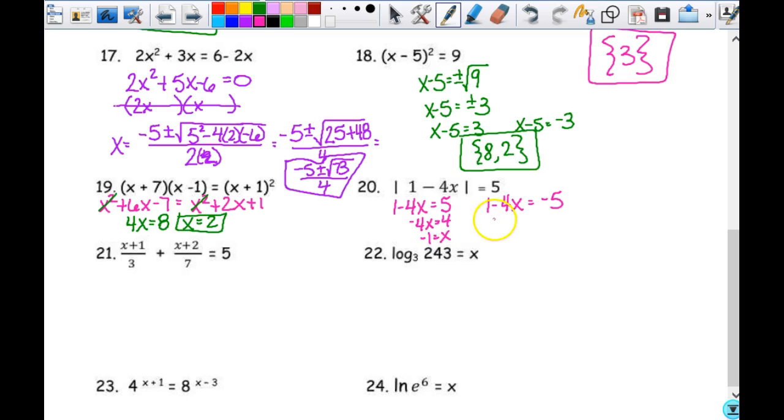And then negative 4x equals negative 6. So x equals 3/2. And then my set is negative 1, 3/2.